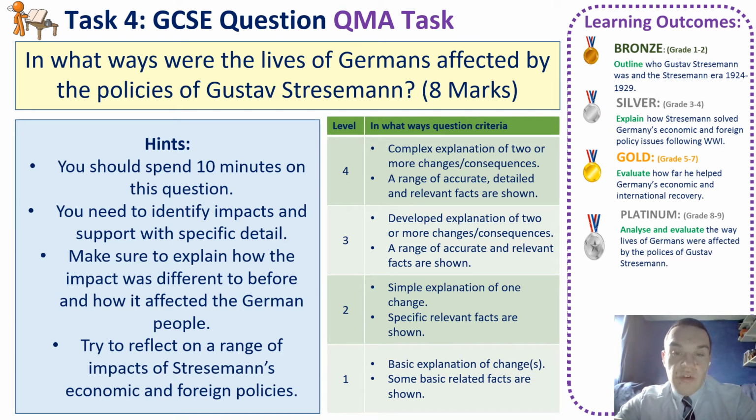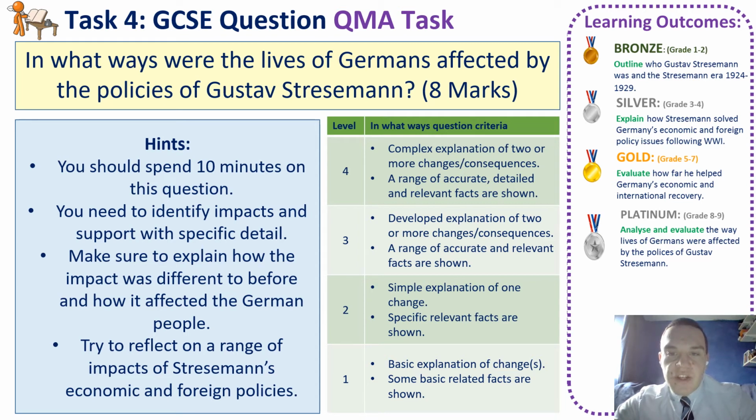For your lower grades, it's just explain: bronze side, silver side, explaining what he did, just giving me facts, not really commenting on them. To move higher, you need to offer explanation, so relevant facts. The difference is, one says this happened, this happened, this happened. The next says this happened and it links to the question because.